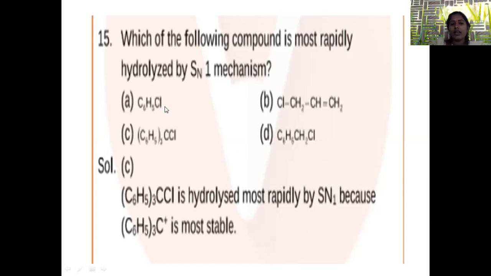Here it is chlorobenzene, which generates a phenyl carbocation, highly unfavored. Allylic chloride is somewhat stable due to resonance. Here benzyl chloride is also stable due to resonance, but here the resonance structures will be more because of a high amount of conjugation. Greater the conjugation, greater will be the stability. That's the reason why option C is satisfying this condition.